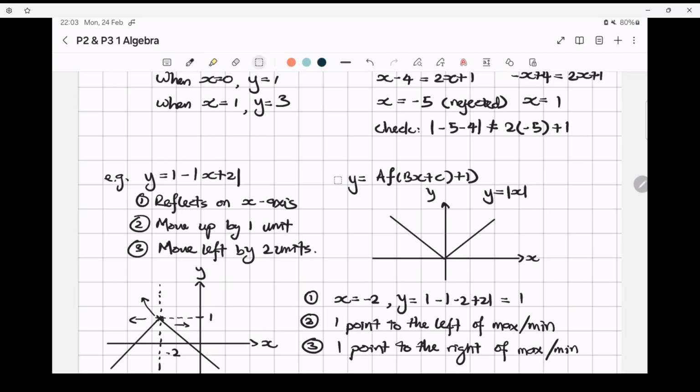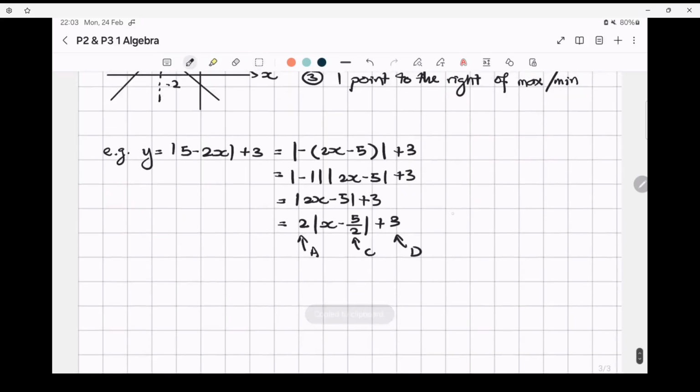So for this, I will also copy it and then move it downwards. So once you identify all the variables or constants, then you can easily write down the transformation.